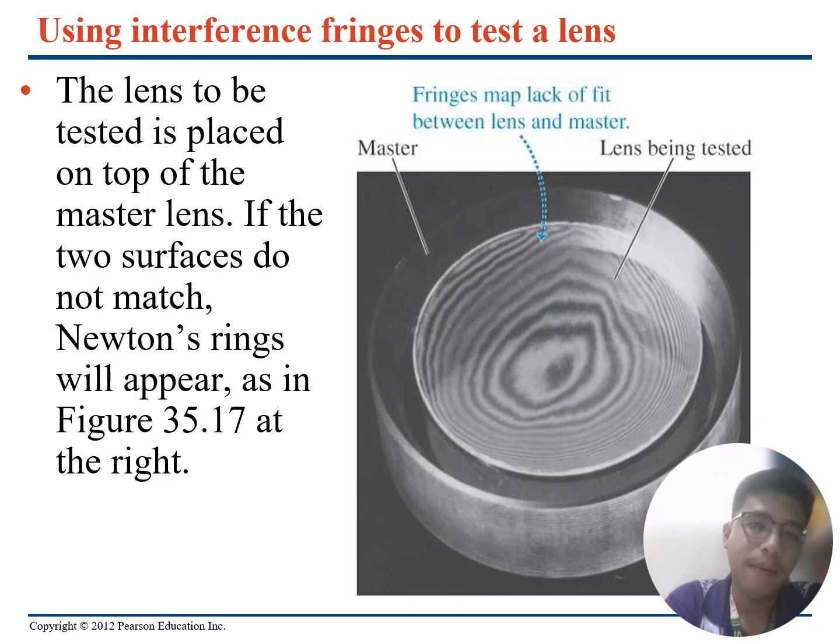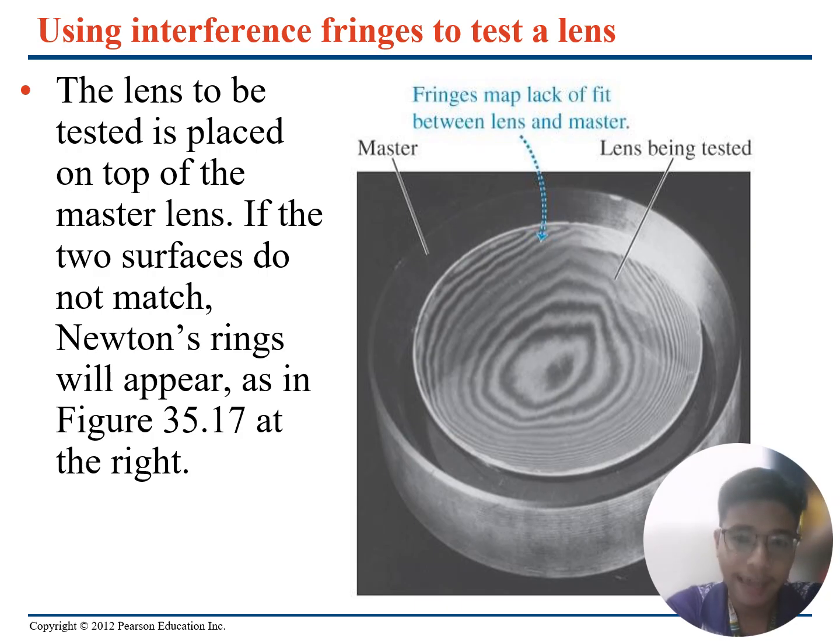However, any imperfections, scratches, or deviations in curvature create variations in the air gap between the lenses, resulting in visible interference patterns. By examining the shape and distribution of these fringes, technicians can identify defects with extremely high sensitivity.